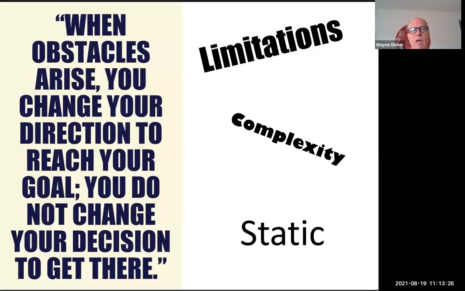Now, when obstacles arise, you change your directions to reach your goal. You do not change your decision that you need to get there. I say this only because a lot of problem solving gets stuck in the mire of some of us thinking that we're in a problem state where we're not. In order for it to be a problem state, everyone has to agree that the initial state is not where you want to be, but rather the goal state would be a more desirable place.